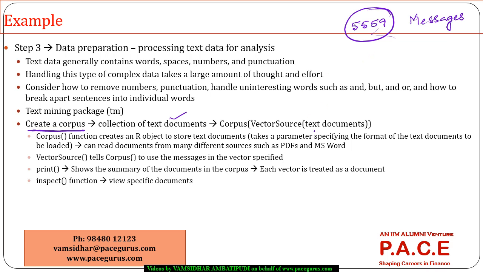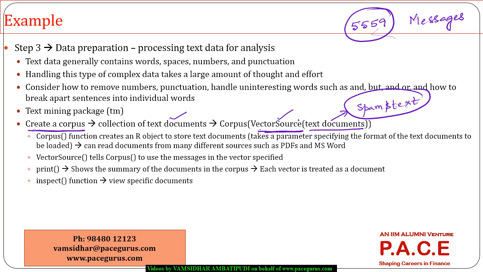Now for doing that, I will take the vector source and I'll give all my text documents to it. The text document I'm giving is spam dollar text. Spam dollar text is the text document that I am creating.